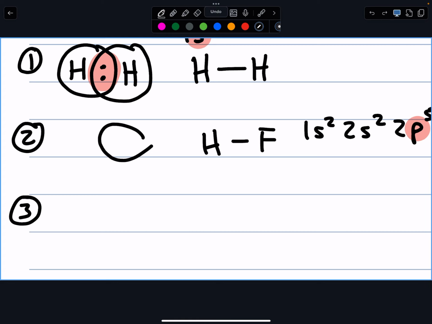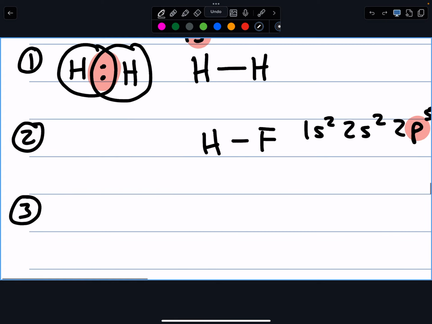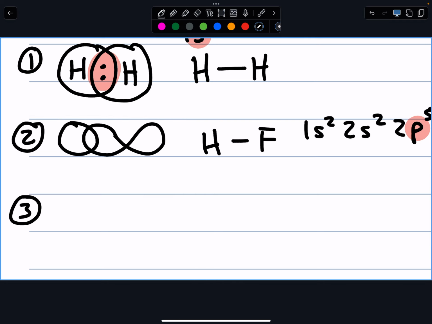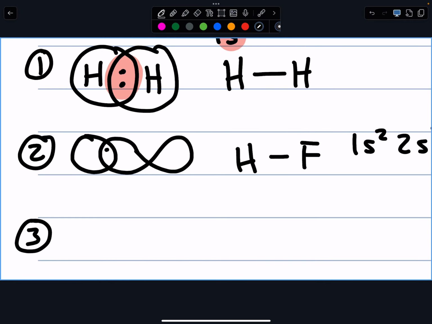So I have a p orbital here, and then I have an s orbital here. And now you see how they're overlapping. They overlap in this region. That's their bonding orbital, their molecular orbital, and that's where the bond is formed.